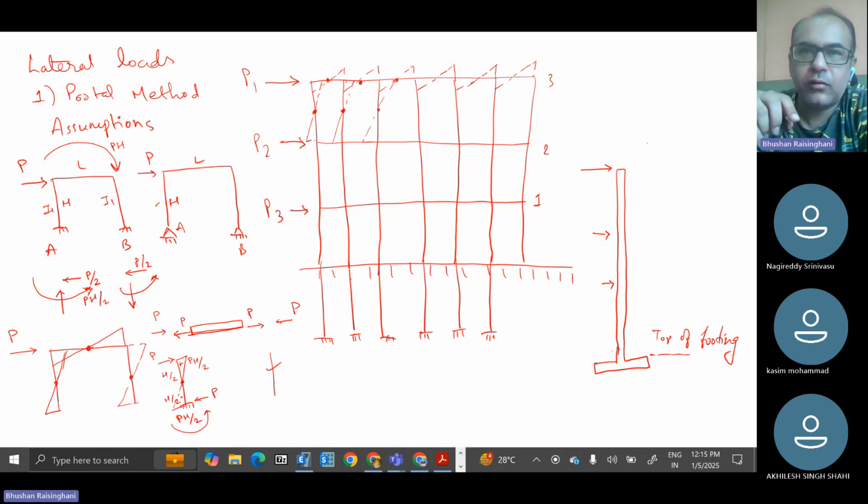So this moment will also generate a tension force. So a moment reaction is there. Now whatever tension force is generated also has to be considered. So now P into H, and in this there also should be P into H in return, right? So P into H, and it will be divided by 2.